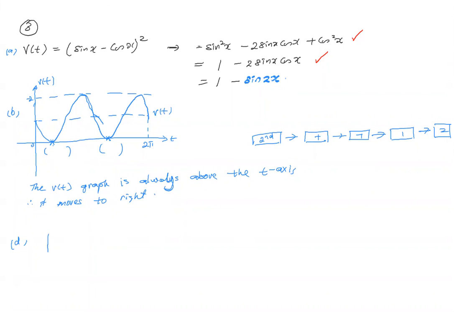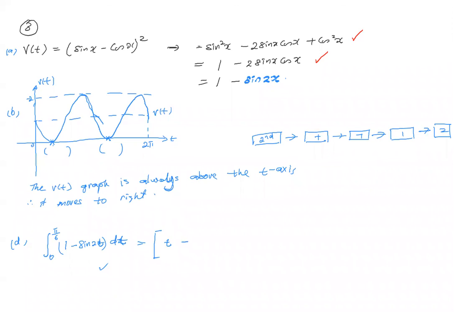I have to integrate from 0 to pi by 6, 1 minus sin 2x dx. I can do this straight away because the whole graph is above the t-axis. Understand? You write down this one correctly, you get 1 mark. Then you integrate correctly.